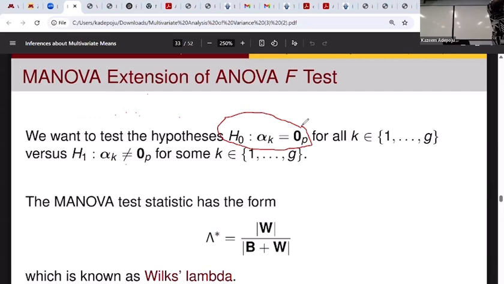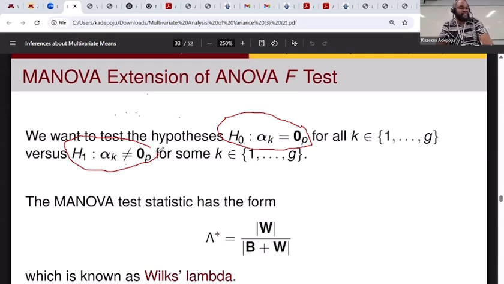Don't forget, depending on the number of variables, p is the number of variables. So if the treatment effect equals 0, it means there is no significant difference between what you are comparing among the G number of groups. But what is going to be the alternative? Can you see that now?